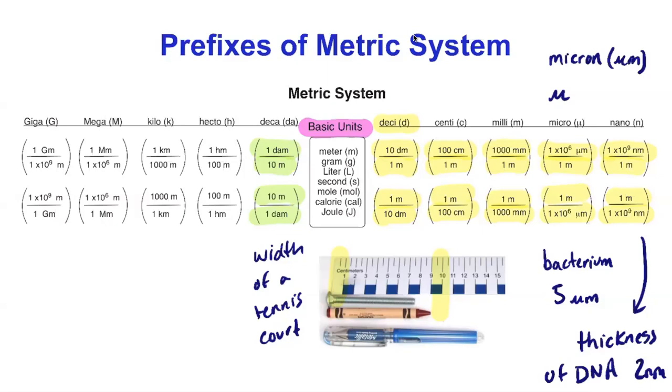Hecto is 100, so 1 hectometer has 100 meters, or 100 meters is 1 hectometer. And like we said before, the meter is about the size of a yard, so this is about 100 yards. So you can think of the length of a football field. I'll just write football field.